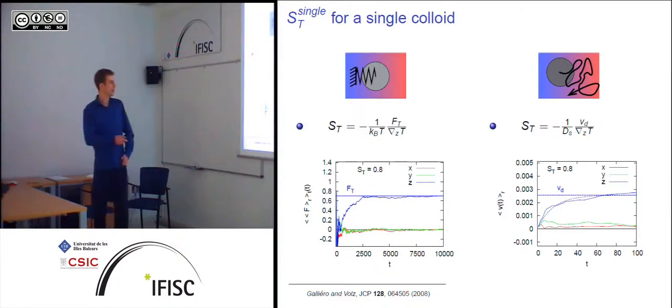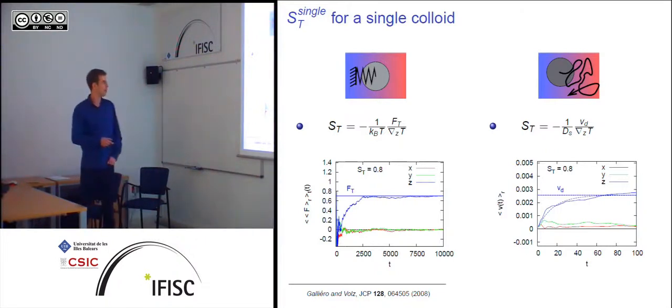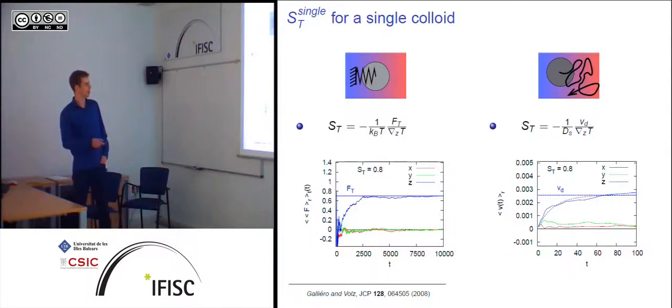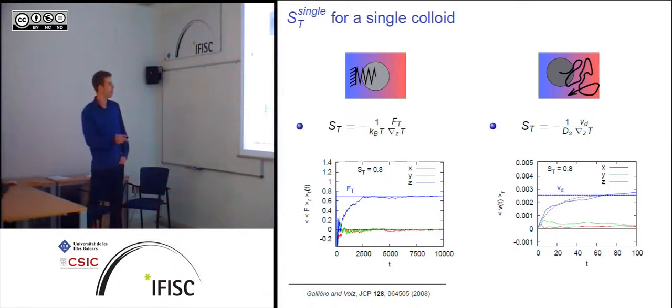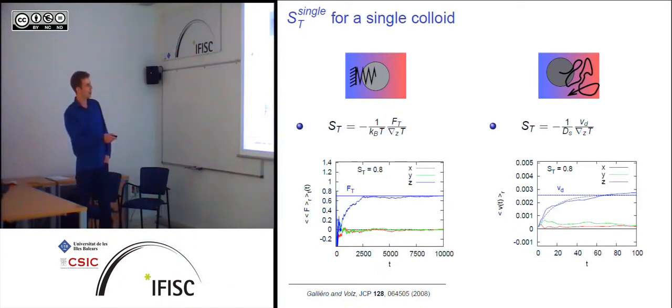And here is an example of a measurement in which we measure the force over a certain time until we have a stable signal for the forces. And here you see the force in the direction of the temperature gradient is clearly a different signal than the forces in the neutral direction, so to say. And here, this is already the integral over time, so to say.